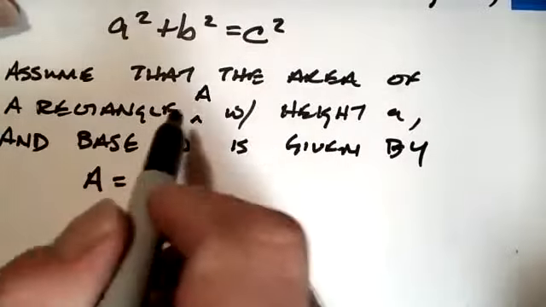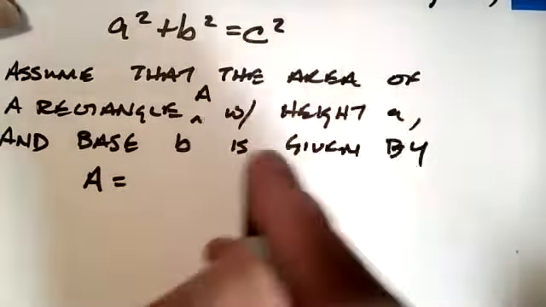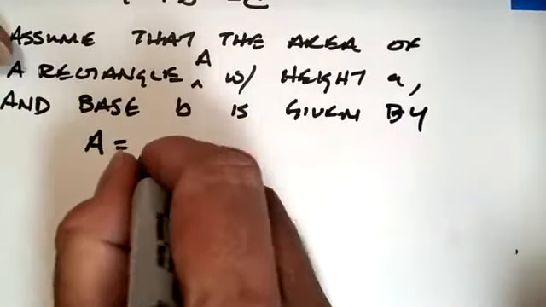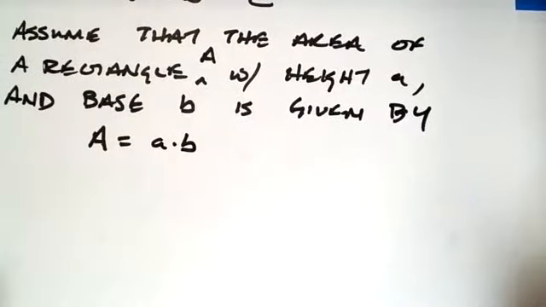So assume that the area of a rectangle A with height little a and base little b is given by area equals a times b. So we've assumed that there's a formula that we can calculate area from, assuming that we know the sides of the rectangle.